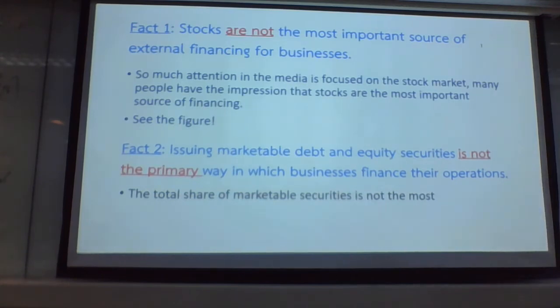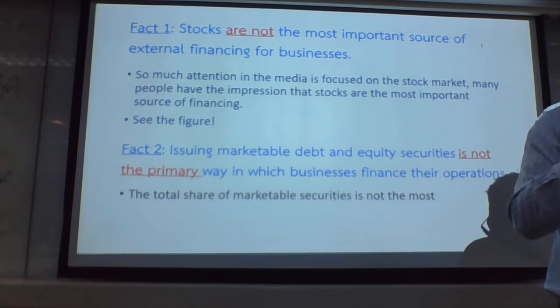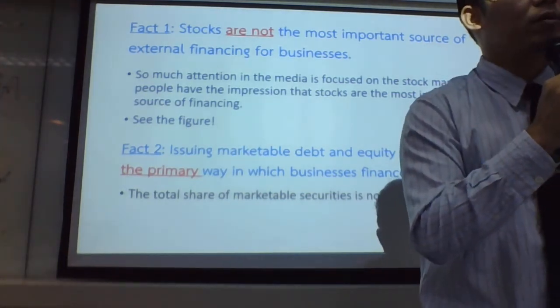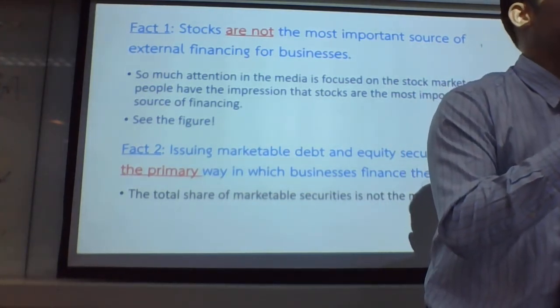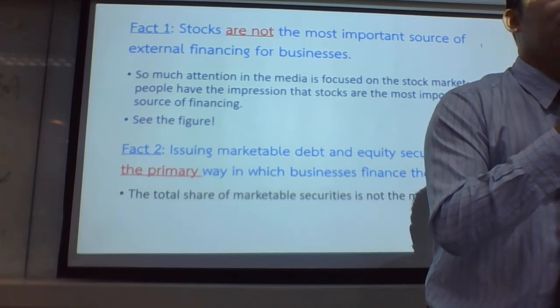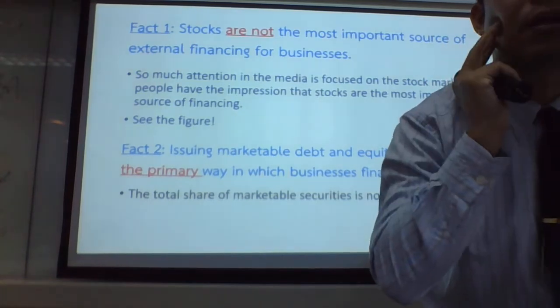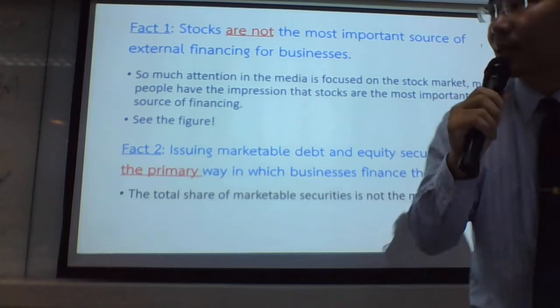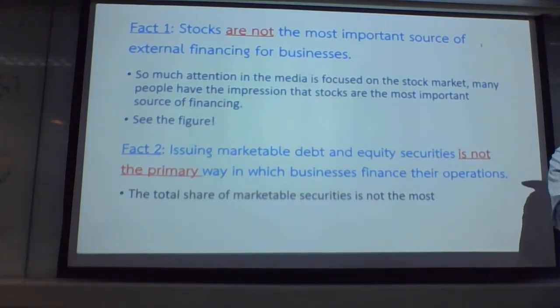And what is the second one? When the firms cannot use the retained earnings, because there might be some technical problems, what is the second channel that firms obtain funds from? Exactly, debt financing. The first one is retained earnings, the second one is debt, or the firms can issue the corporate bond.